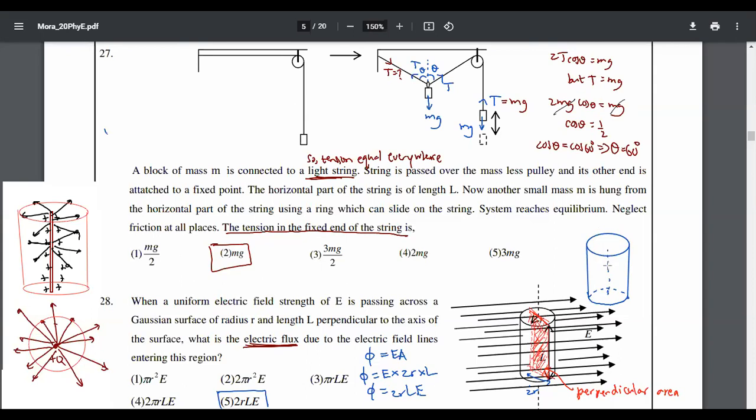Do you understand this diagram, people? Hope you can understand this diagram. It's very difficult to draw 3D stuff. This way. Got it? That means it's going perpendicular to that surface. All right.